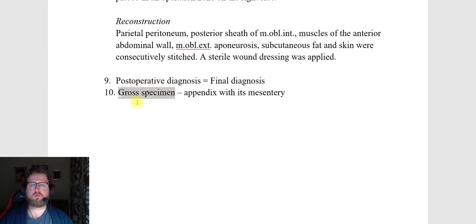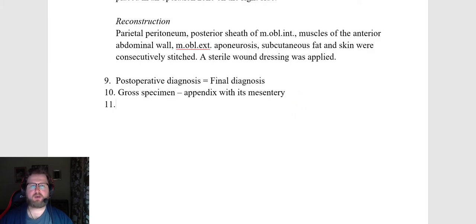Pathologists will confirm our diagnosis macroscopically, so we would be safe from some appendiceal tumors or some other diseases which look macroscopically similar to appendicitis but are not. For example, inflammatory bowel diseases or something else. So we obviously have to give that gross specimen which is removed for pathological examination.